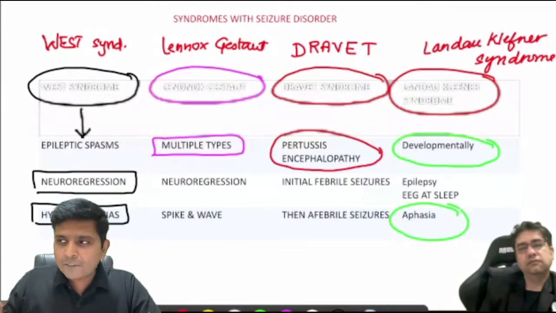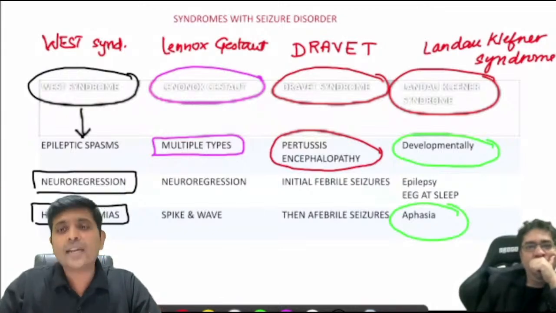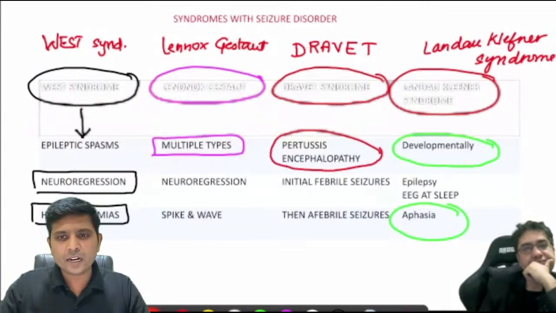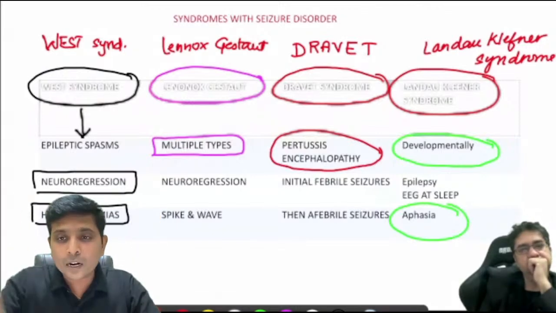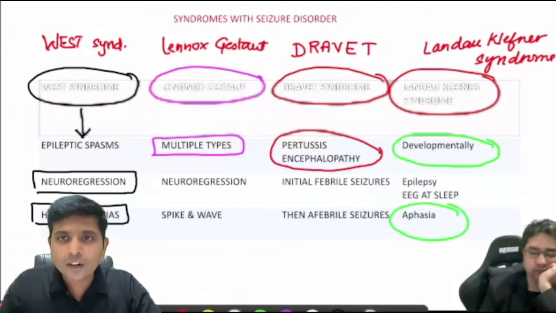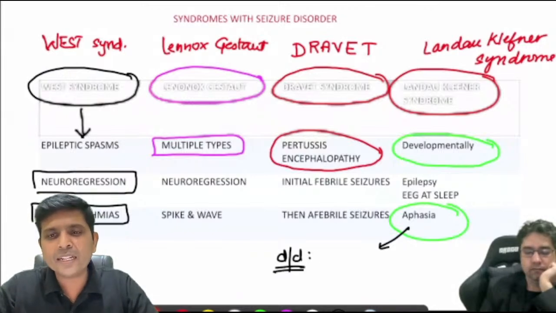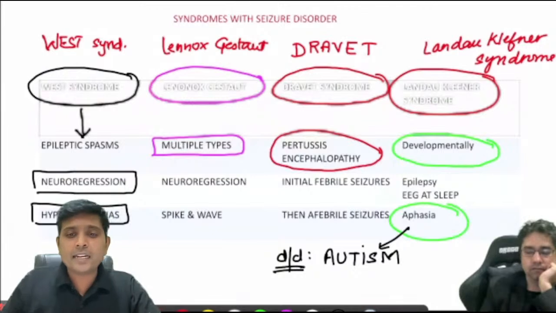Any child after a period of continuous seizure, if they lose their ability to speak, this is called acquired aphasia. So often it is mistaken for autism. In autism, comprehension will not be there. In Landau-Kleffner, comprehension will be there. Second, why is seizure not that evident?